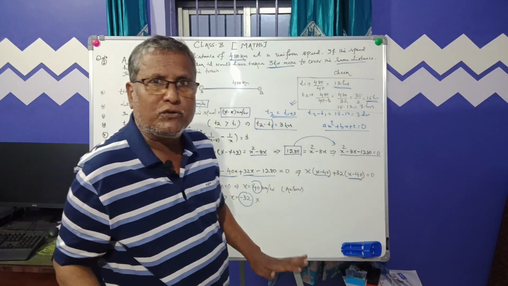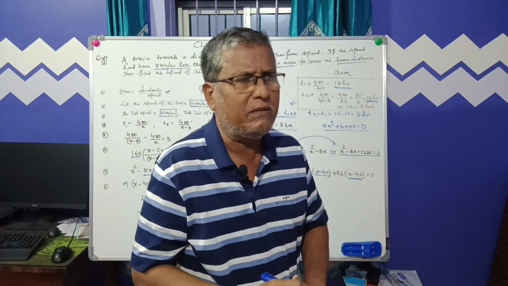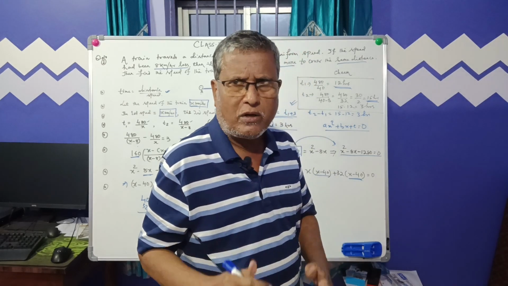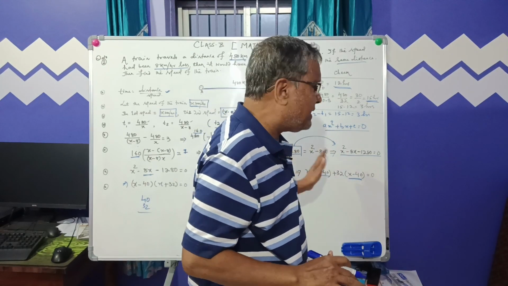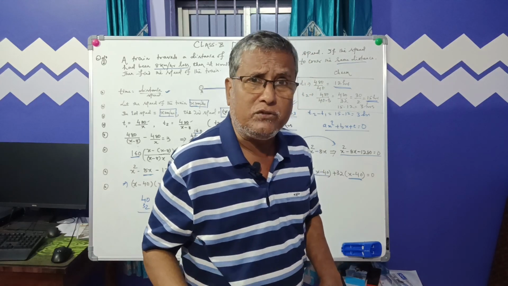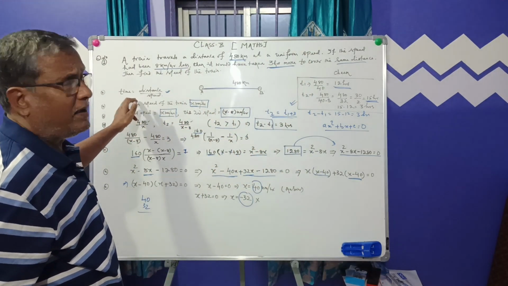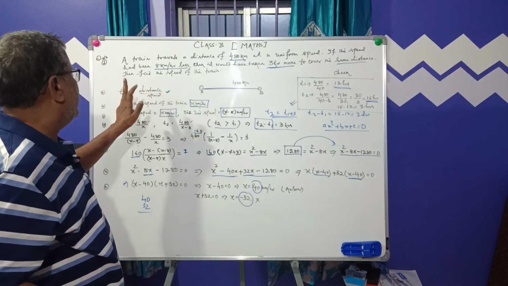Okay. So these are the steps. These are the very simple steps. Please remember them to solve this kind of problem, which is expected to be set in your examination. And remember this formula, this is the best formula: time is equal to distance by speed, or distance is equal to speed into time.